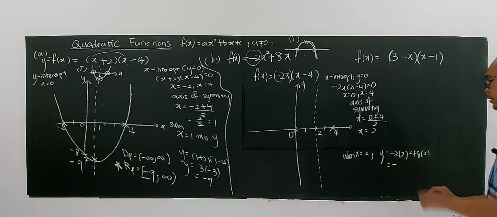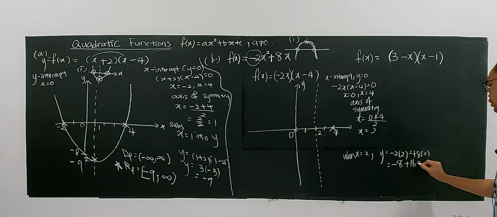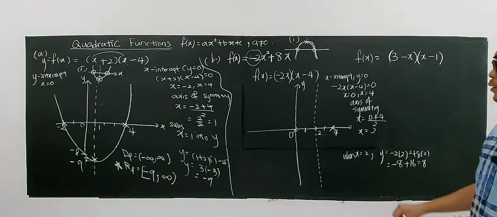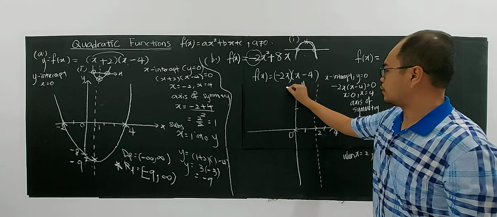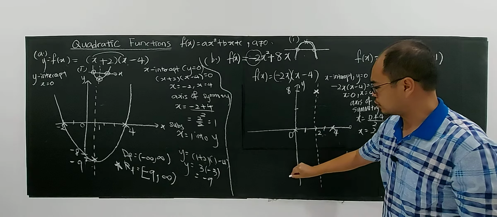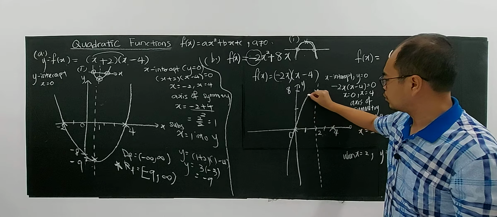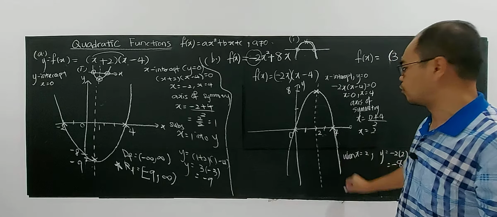So you have -8 plus 16, which gives you 8, right? So at 2 here, 4, 8. So there is a maximum point at 8. So you can sketch the graph now. Intercept 0, reach the maximum 8, and go down again, intercept 4 again.